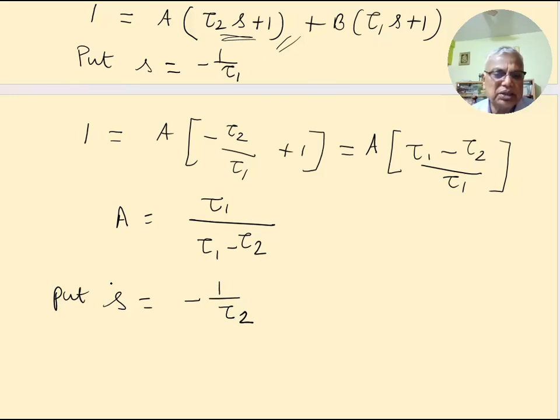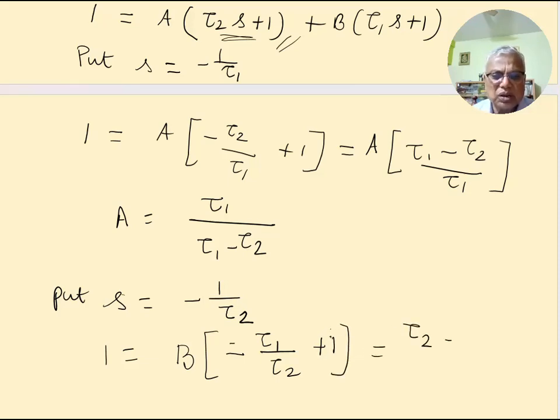So you will get 1 equal to b into (minus tau 1 by tau 2 plus 1), that is equal to (tau 2 minus tau 1) by tau 2 into b.